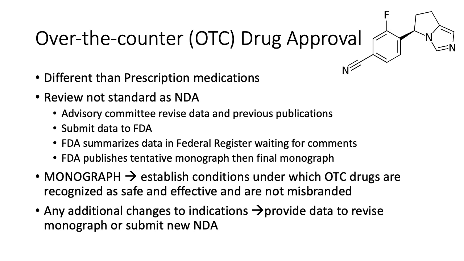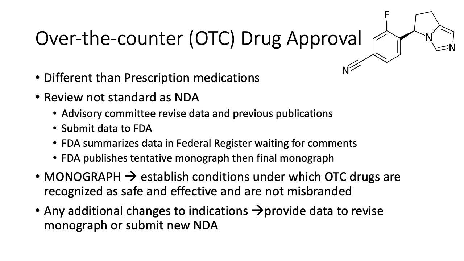Then that advisory committee submits their revision to the FDA, and the FDA summarizes the data in a federal register, and they wait for any comments about their summary from the manufacturing company, and then the FDA publishes a tentative monograph, or a preliminary one, and then they finalize the publication.